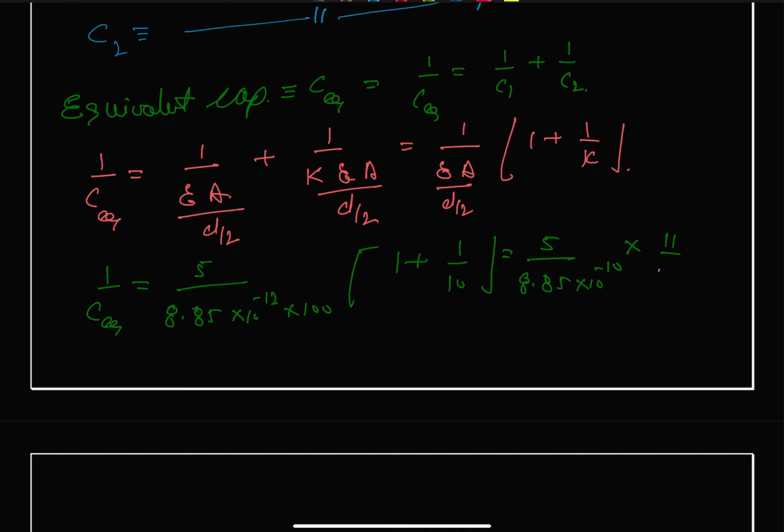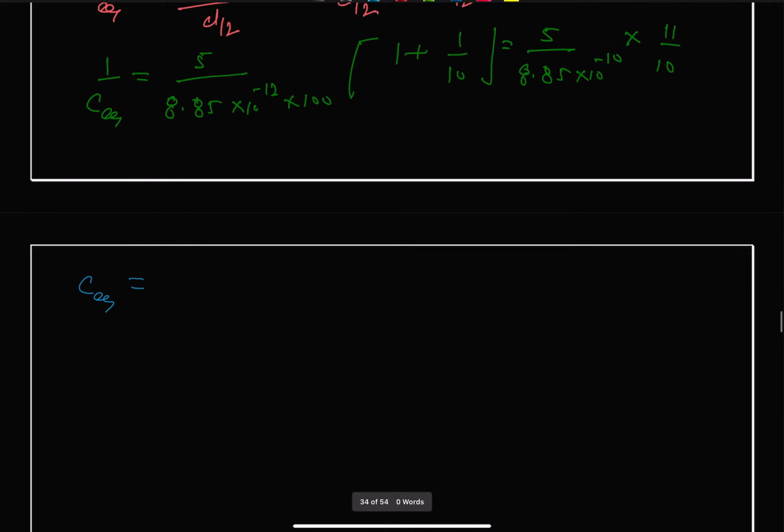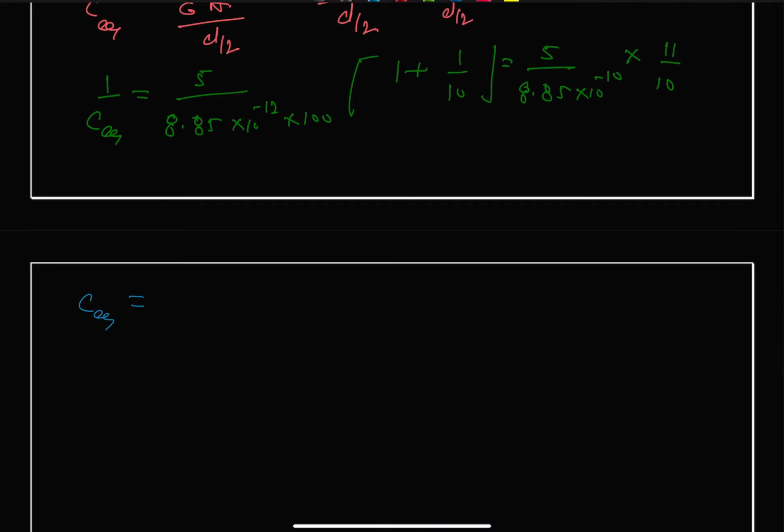So we get C equivalent equal to 8.85 into 10 to the power minus 9 divided by 55, which is approximately equal to 161 picofarad.